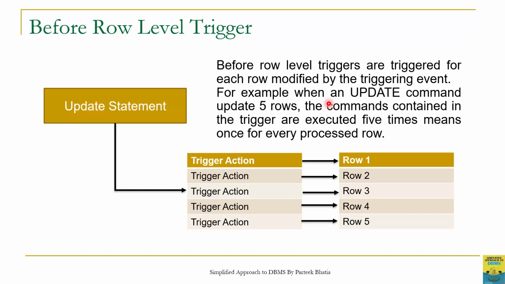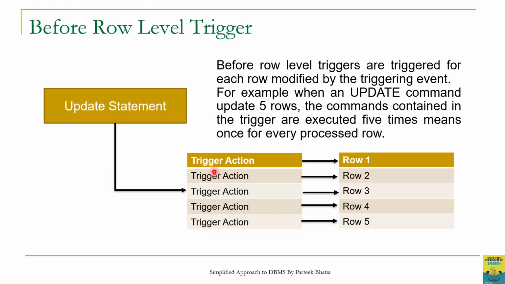For example, when an update command updates 5 rows, the commands contained in the trigger are executed 5 times, means once for every processed row. So here we are updating 5 rows, so this trigger action is also repeatedly performed 5 times.